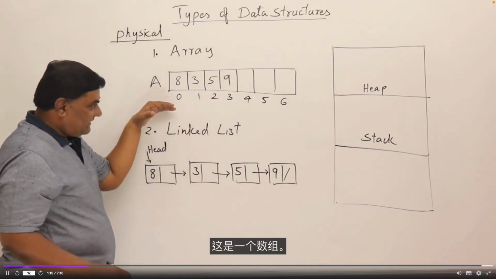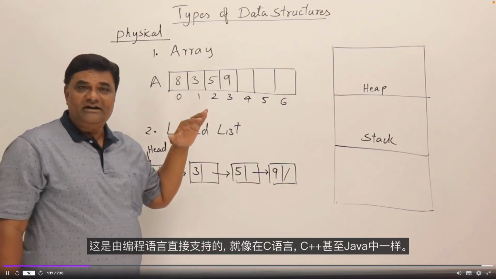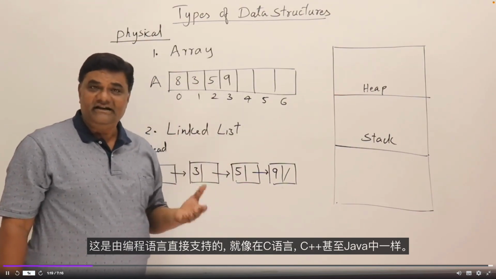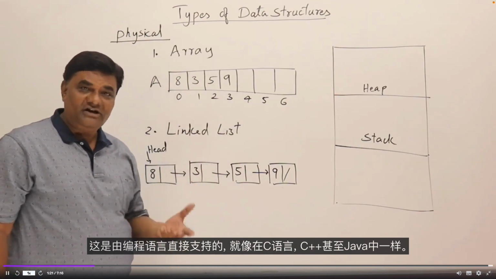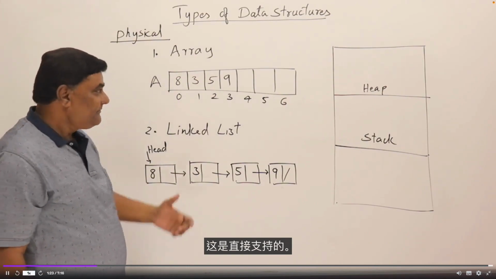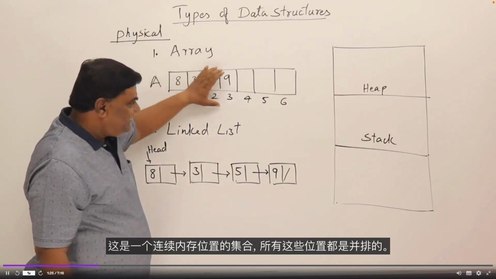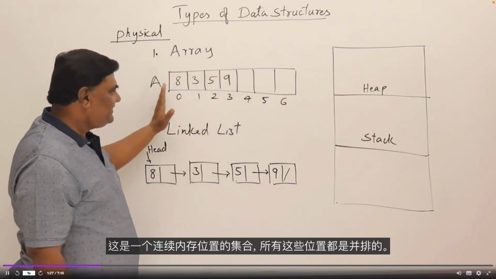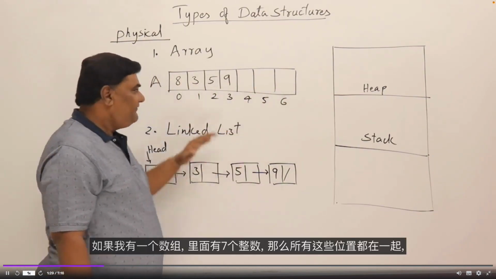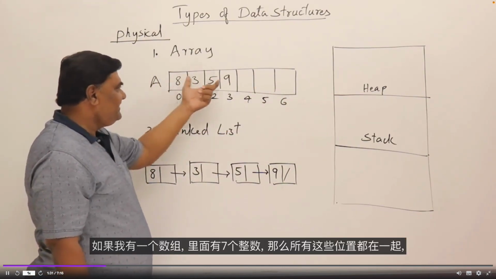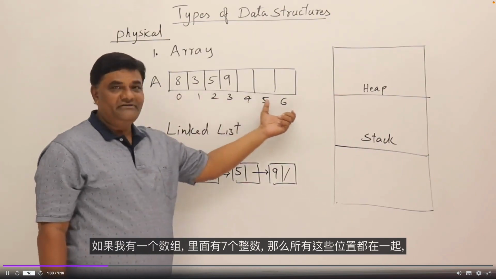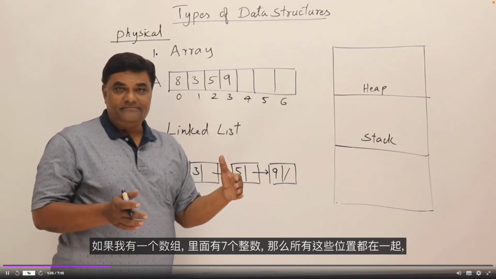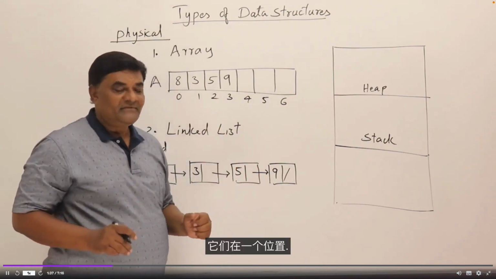This is an array. This is directly supported by programming languages, like C, C++, and even Java. This is a collection of contiguous memory locations. All these locations are side by side. If I have an array for 7 integers, then all these places for 7 integers are together, at one place.